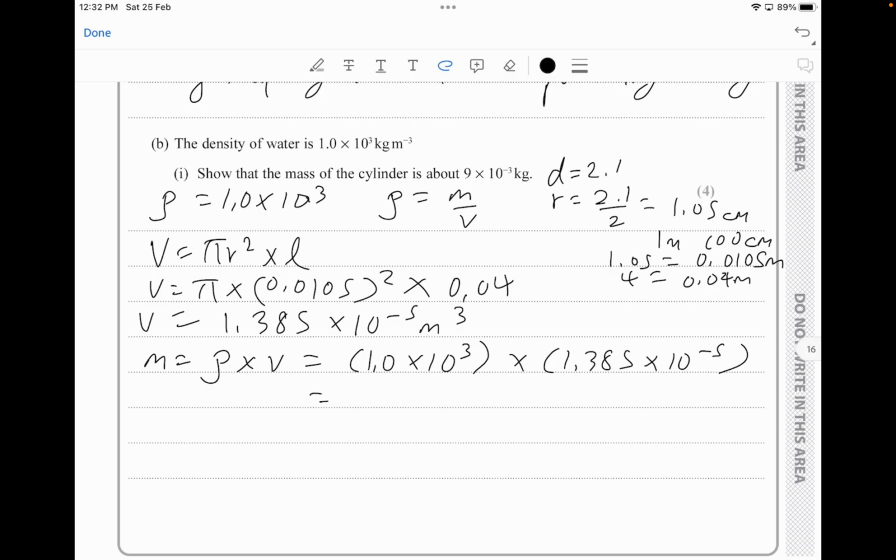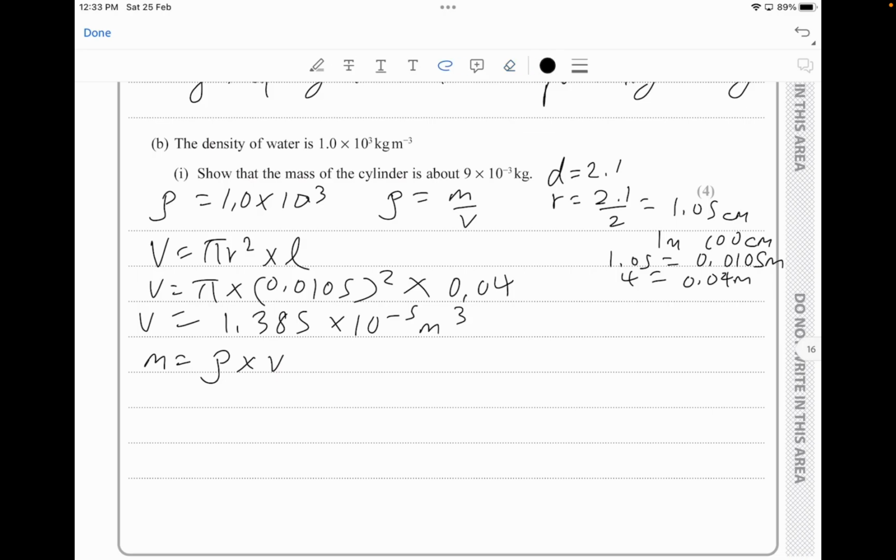Once you do that, that's going to give you a value of about 0.01385. Okay, something's up. This is the density of water. Sorry guys, we have to not multiply this by the density of water. Sorry guys, that's why the value is different.